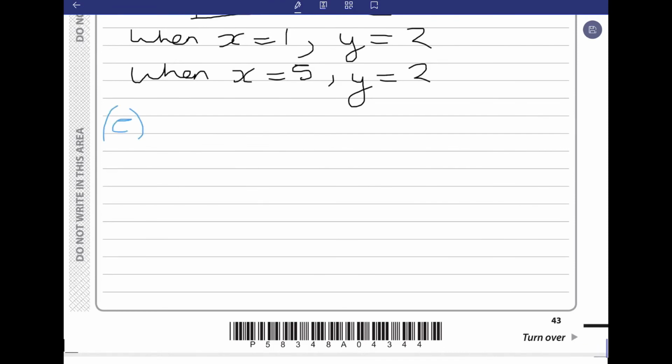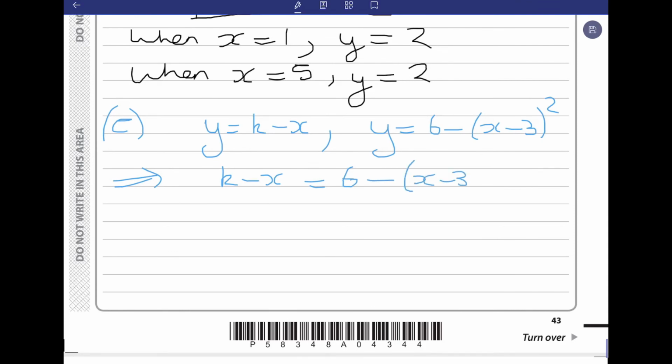So yeah, we have this line, y equals k minus x, but we also have this expression for y equals 6 minus (x minus 3) squared. Now all we've got to do is solve these simultaneously. So we get k minus x equals 6 minus (x minus 3) squared.